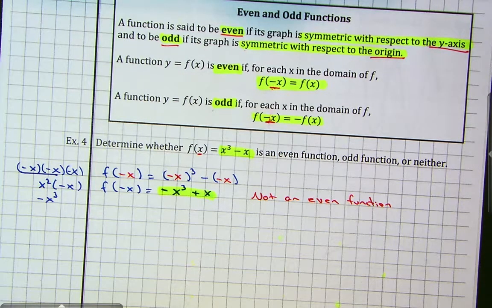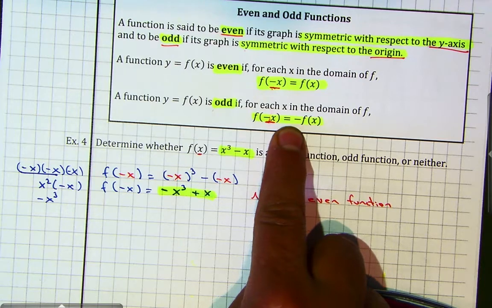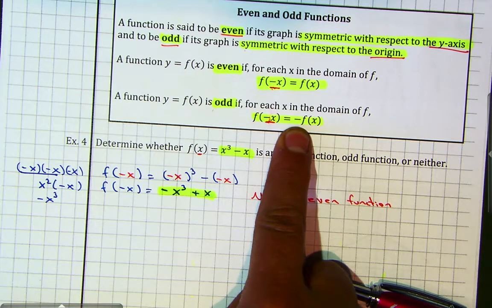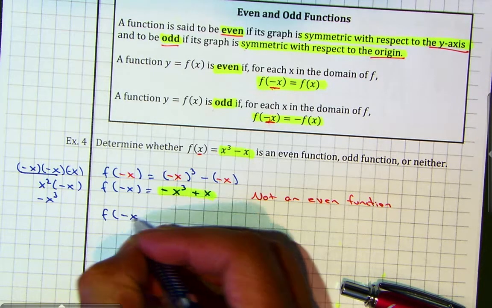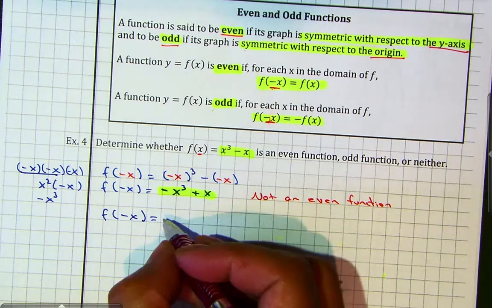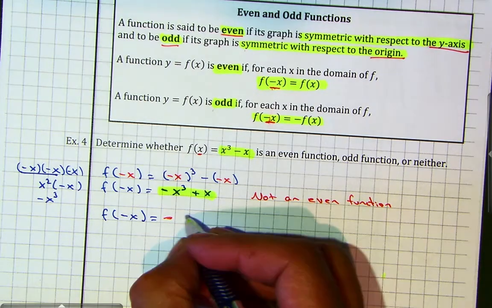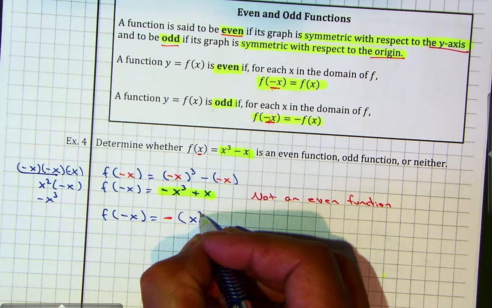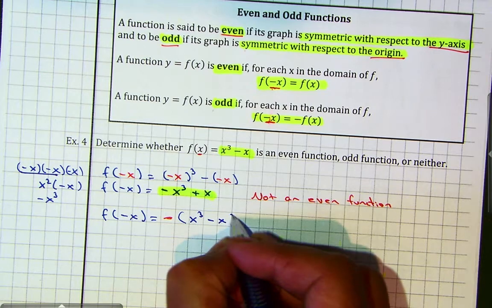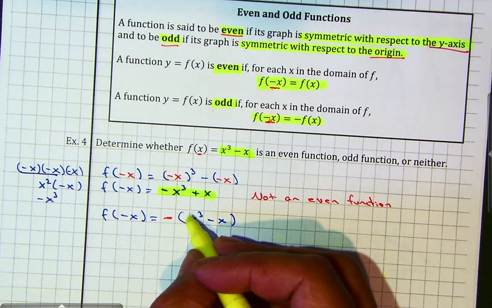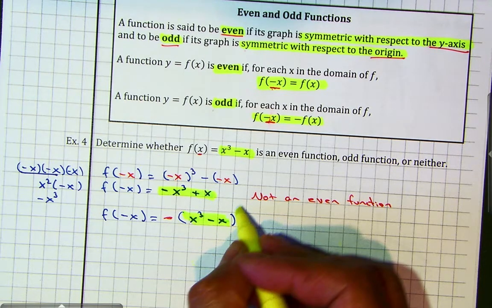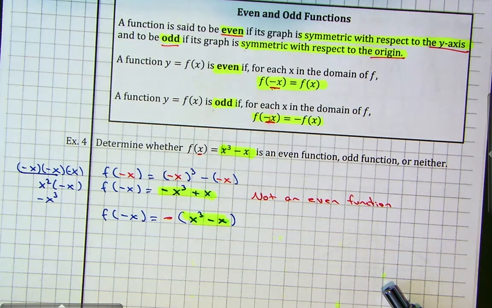So now we're going to see if it's odd. We're going to factor out a negative 1, or just a negative. So f of negative x equals, I'm going to factor out a negative, and then we have x to the third minus x. Do you agree? Is this the same as your original function? It is.